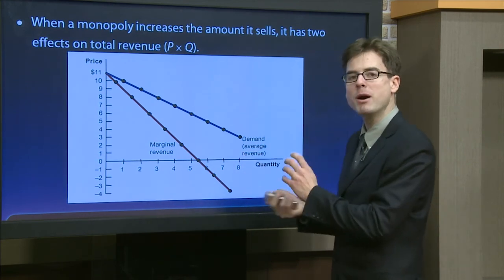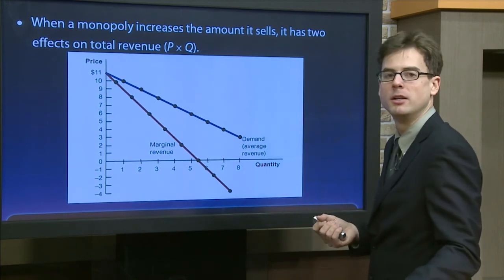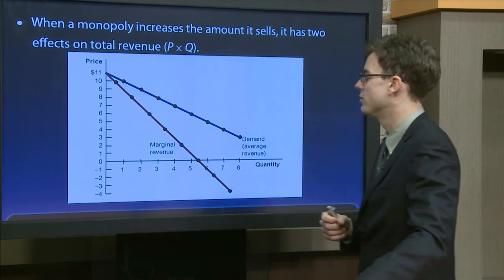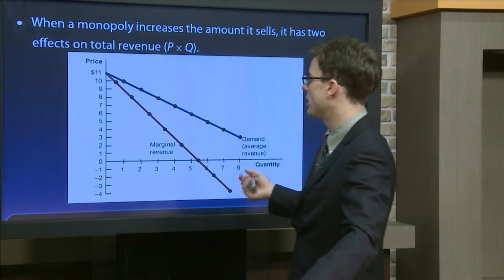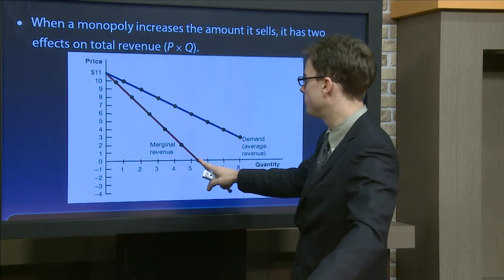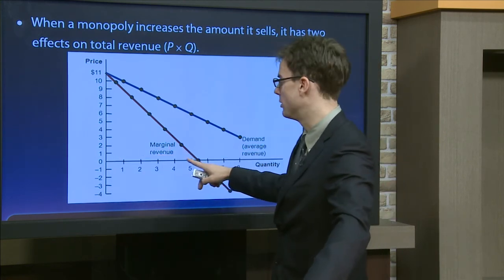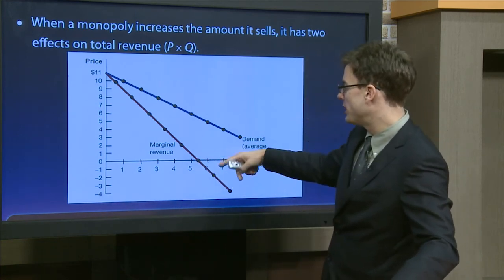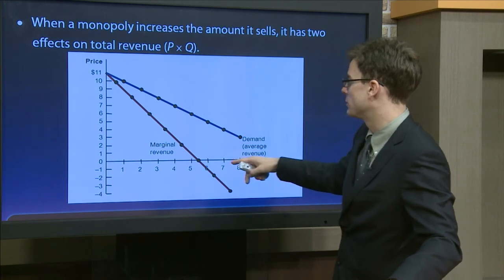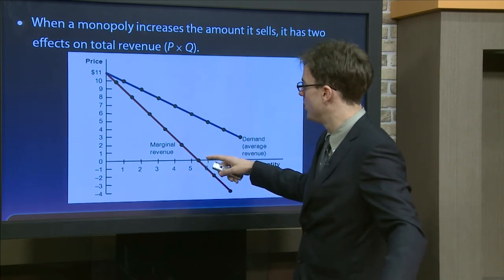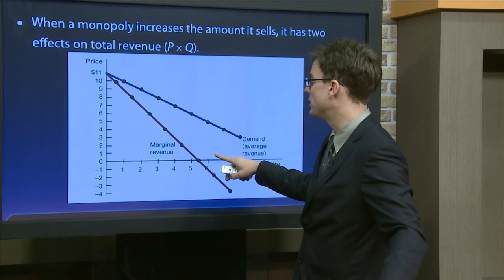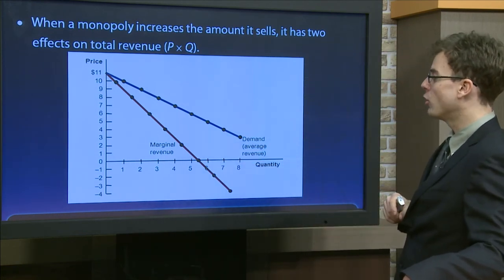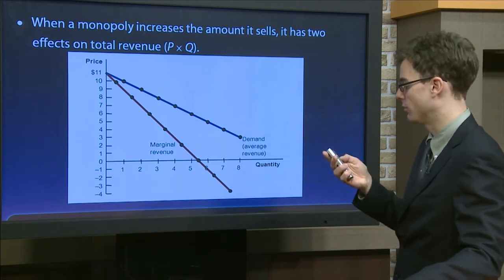So thinking about the output effect and the price effect of the quantity that the monopolist chooses, you should think that for these units of output, the output effect is more important than the price effect. And for these output levels, the price effect becomes greater, even though the monopolist produces more units of output. It has to lower prices so much that total revenues fall.